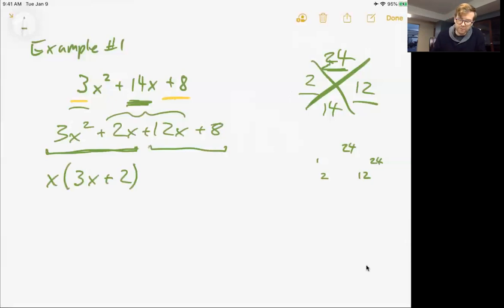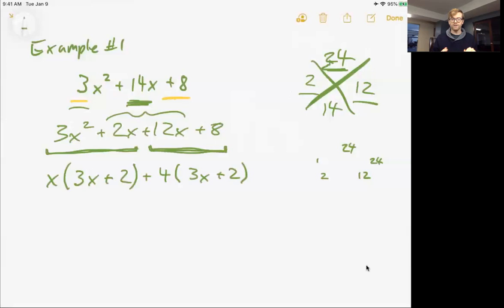Then on this group, here also there's something I could factor out. I could factor out a 4 from each of these terms. And that would leave me 3x plus 2. Okay, all right, so notice here, each of the two terms in that group had a factor of 4 in them.